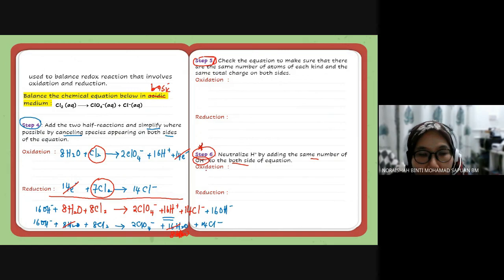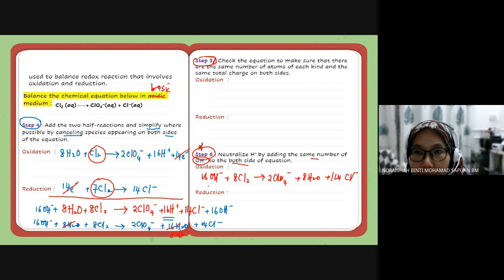Jadi at the end you punya equation akan dapat 16 OH minus tambah dengan 8 klorin, form 2ClO4 minus plus 8 air, plus 14 Cl minus. Okay, sorry, my pen ni buat hal.